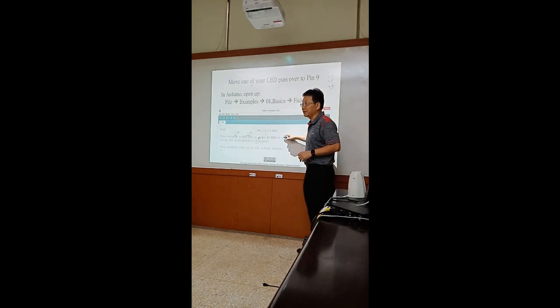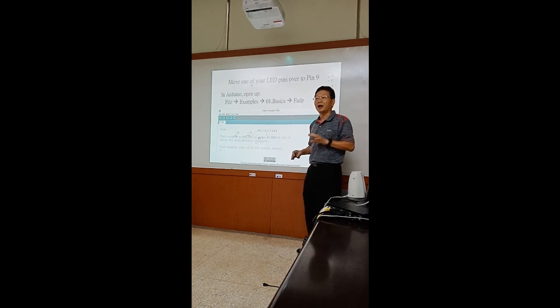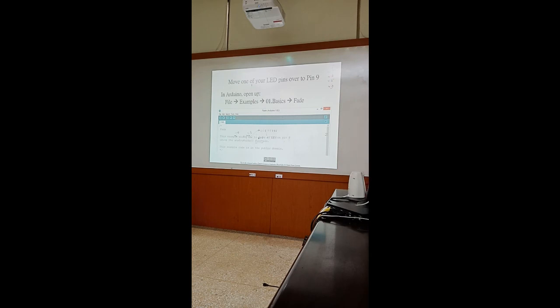So for the first experiment, you don't need any hardware. You only need an Arduino board, because the board has an LED inside, so you can control that LED. That is the Fade program.